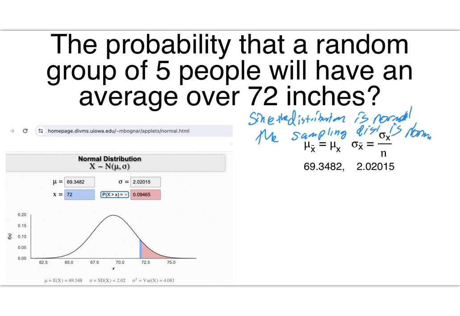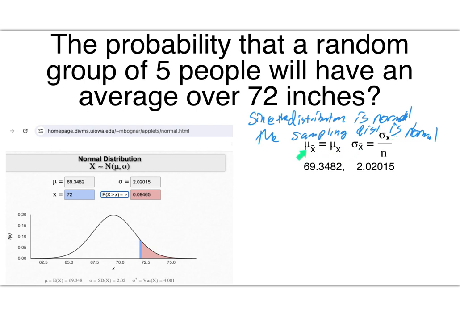And that is not the central limit theorem. The central limit theorem would be if the sample size is large enough, which is over 30, then the sampling distribution is normal. So make sure in a case like this, you're not saying because of the central limit theorem. This is just a known principle that if a distribution is normal, then the sampling distribution of averages is also normal. And then we recall that these two things are true.